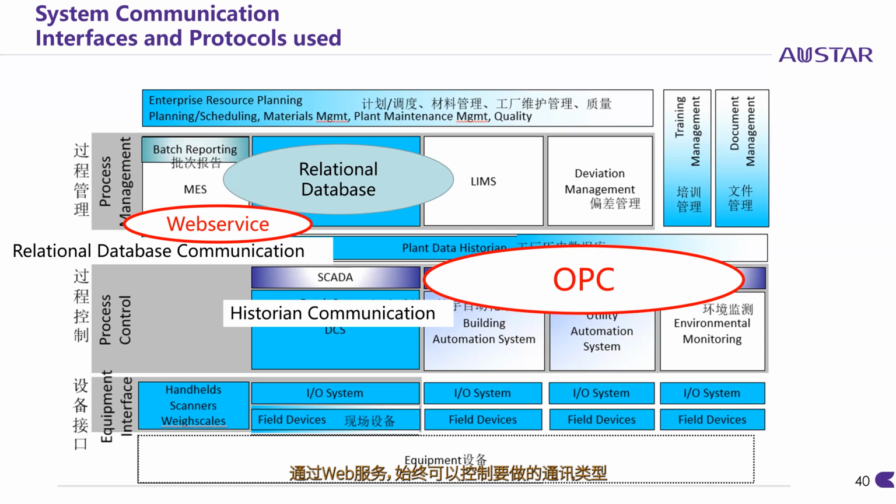With a web service, you can always control what type of communication you have to the database itself and have an isolating layer between the outside world and your database, so you can guarantee its integrity.